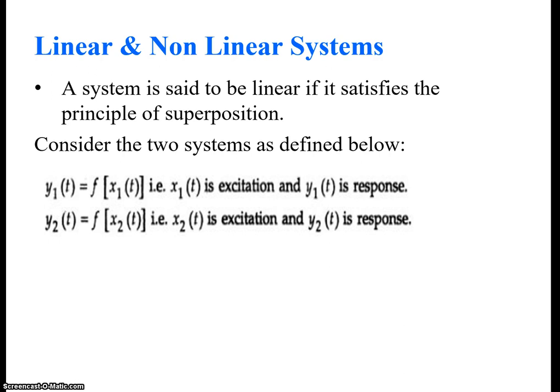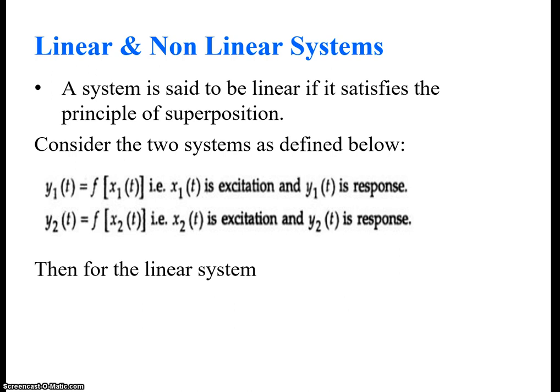I'll explain in terms of two input signals and two systems: y1 of t is equal to f of x1 of t, that is, x1 of t is the excitation and y1 of t is the response; and y2 of t is equal to f of x2 of t, that is, x2 of t is the excitation and y2 of t is the response.